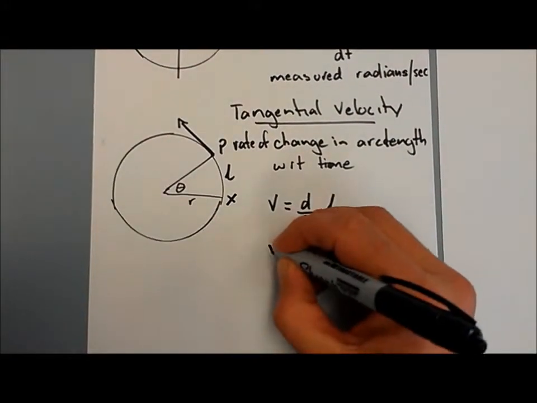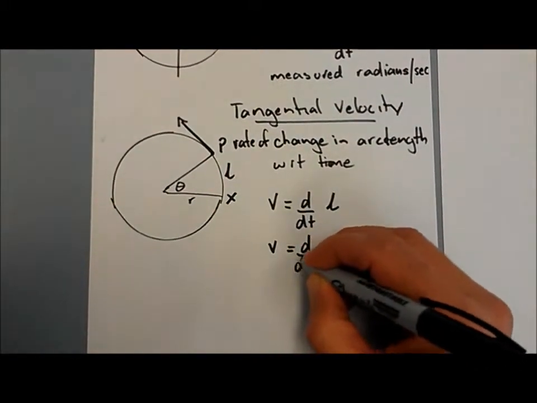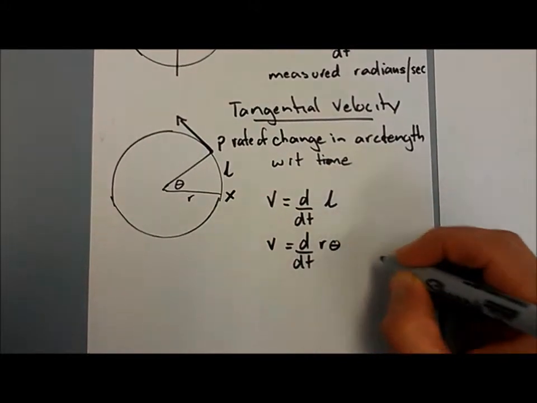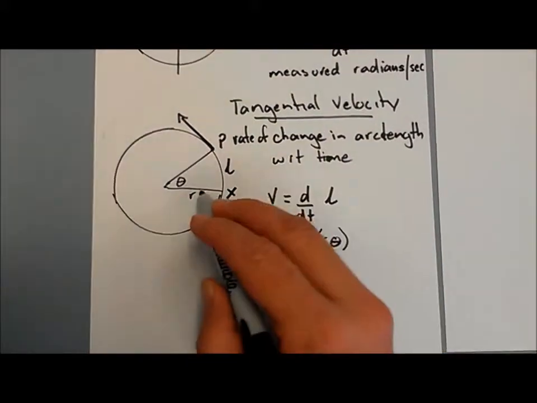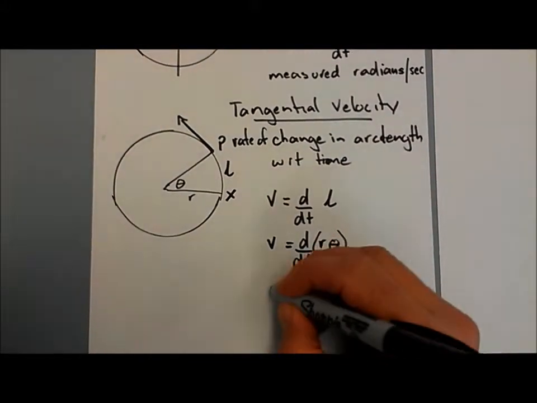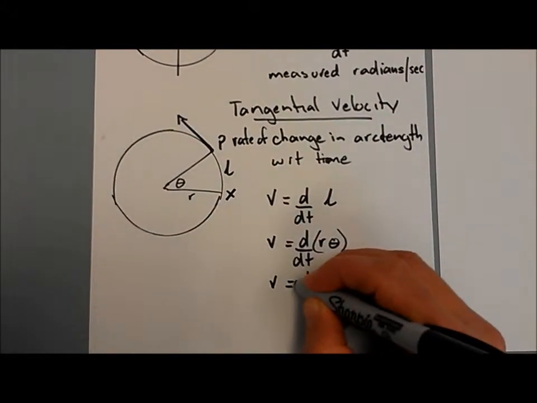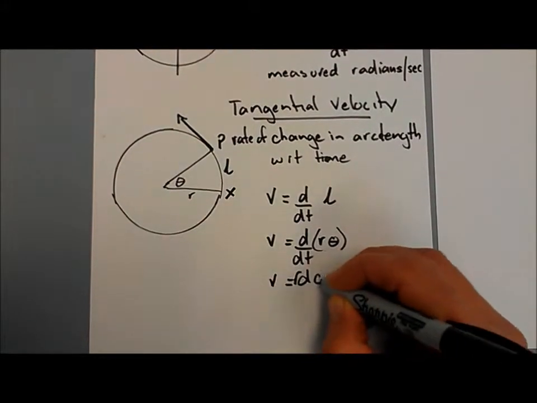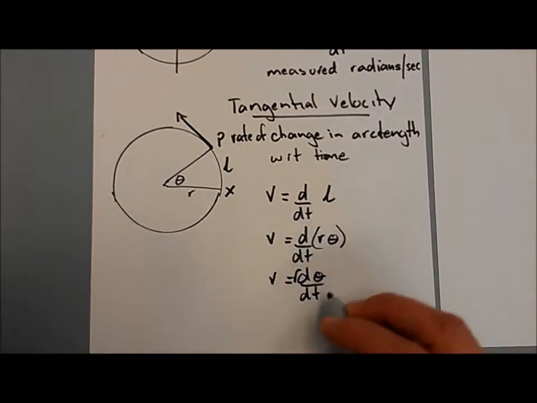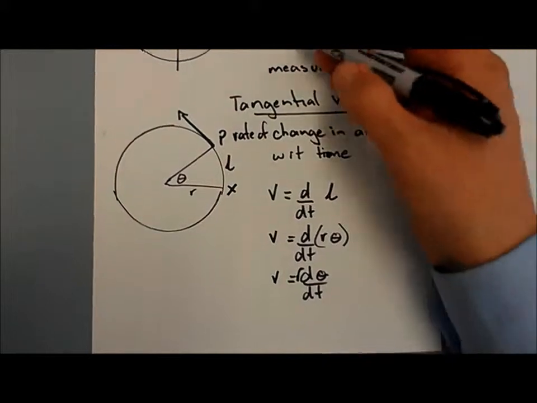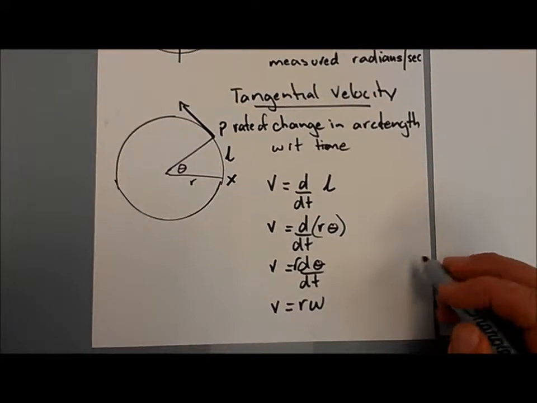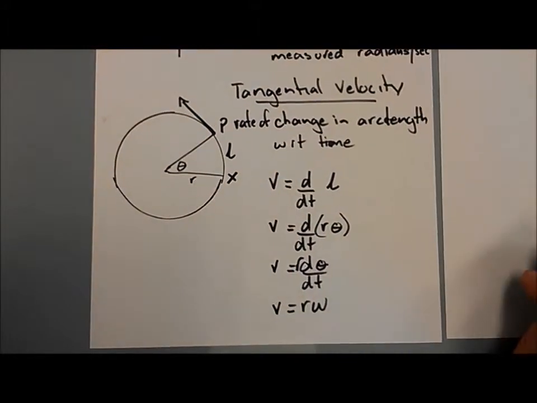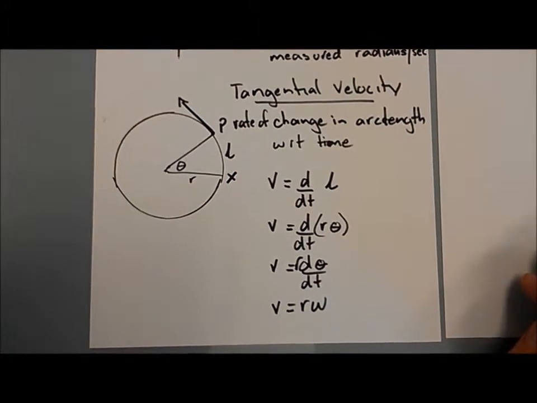Now we know that that can be written as the rate of change of r theta, where L is r theta. Now keeping in mind r is the radius of the circle, so it's a constant, then velocity will be r times d theta dt, and d theta dt we just said was omega, so velocity is equal to r omega. So there's a link there between tangential velocity and the angular velocity.